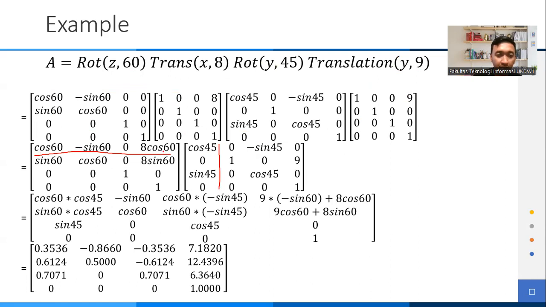Cos 60 multiplied by cos 45. Yes, this one. Minus sin 60 multiplied by sin. Oh, sorry. I repeat.